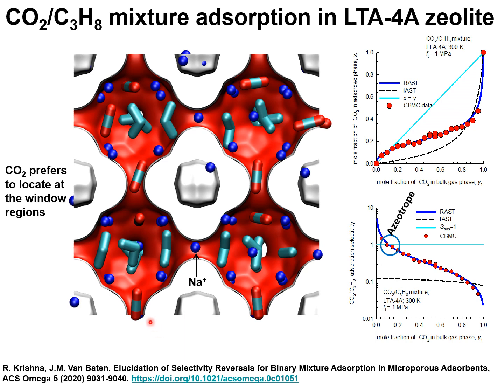In a scenario in which the composition of the mixture contains a very small amount of CO2 and a large proportion of C3H8, the CO2 is located almost exclusively in the window regions and faces relatively less competition with the propane molecules that are in the cage interiors.